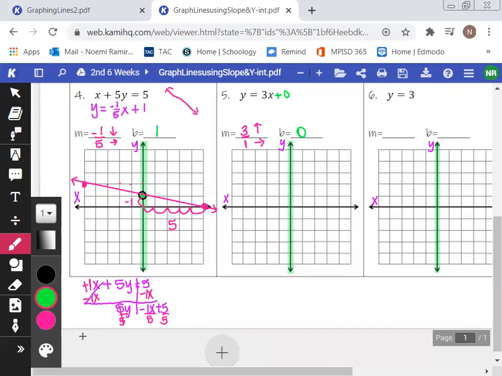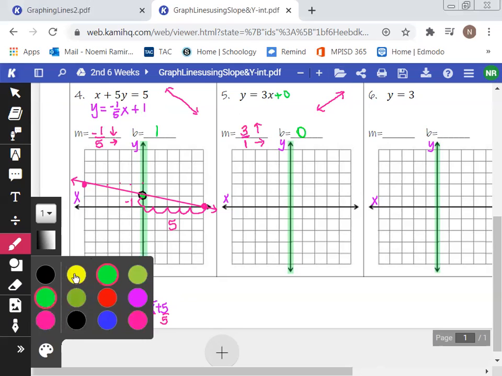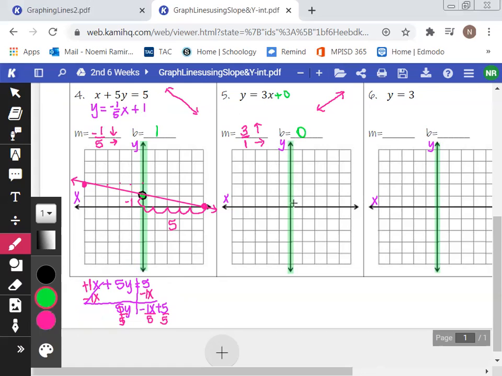Okay, we have a positive slope, so by the time I'm done graphing, you should have a line that's going up from left to right. You always start with the y-intercept. So I'm going to start here at 0. I'm going to plot that 0. Okay, and then I'm going to go up 3, right 1.